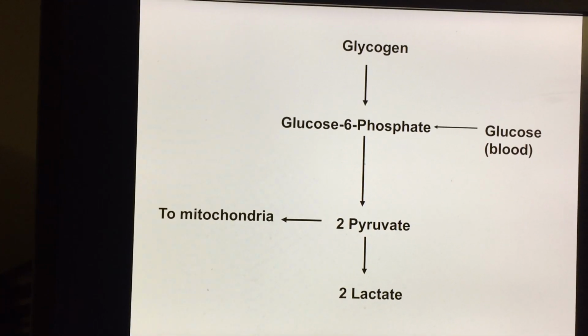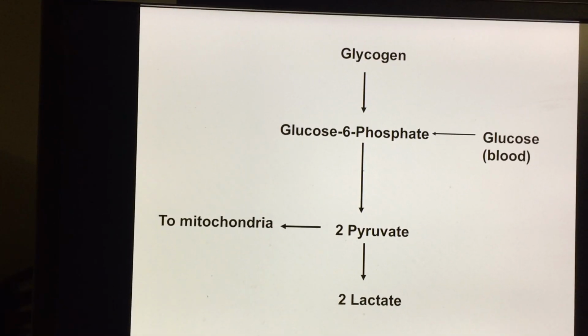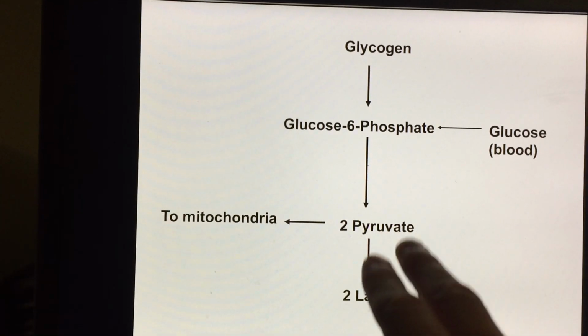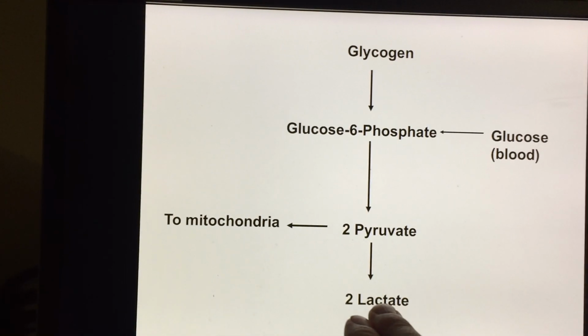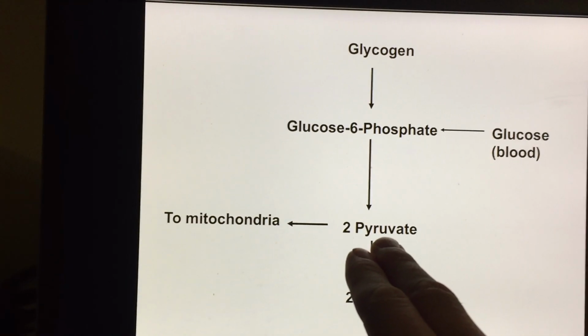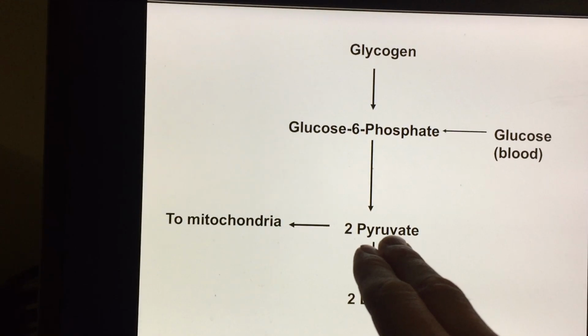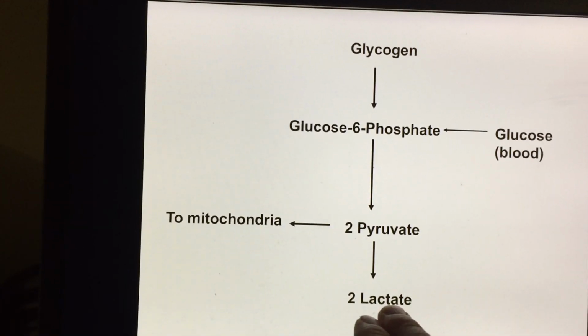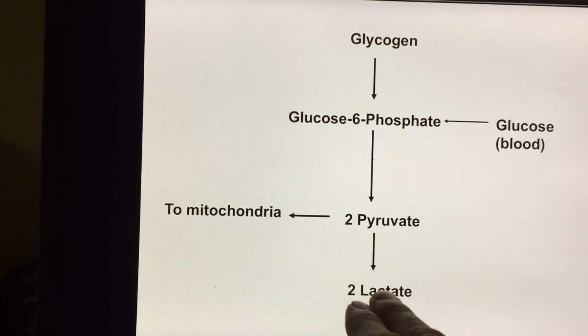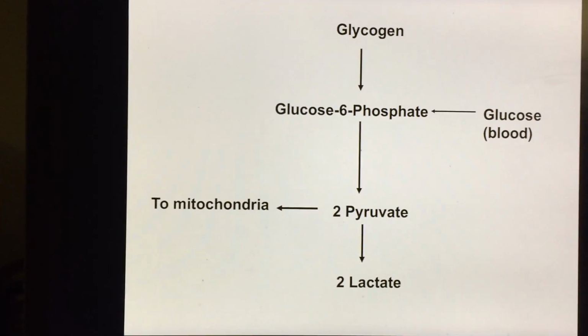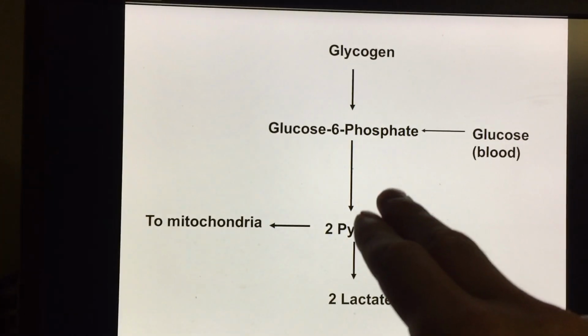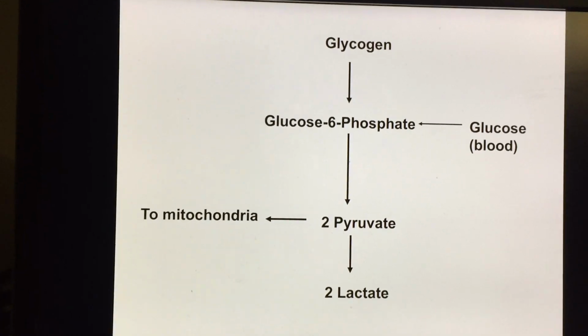So in physiological systems in the human, pyruvic acid dissociates into pyruvate and hydrogen, and lactic acid dissociates to lactate and hydrogen. So here I've just written them as pyruvate and lactate.